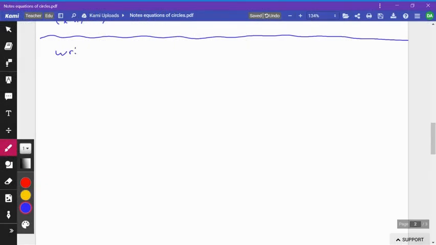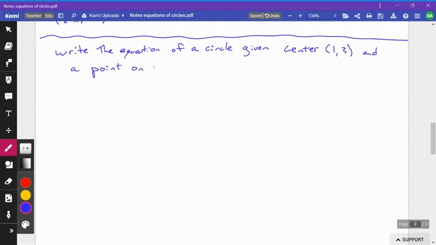I want to write the equation of a circle given the center 1, 3 and a point on the circle of 4, 9.